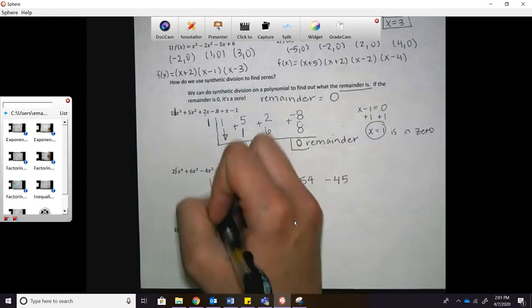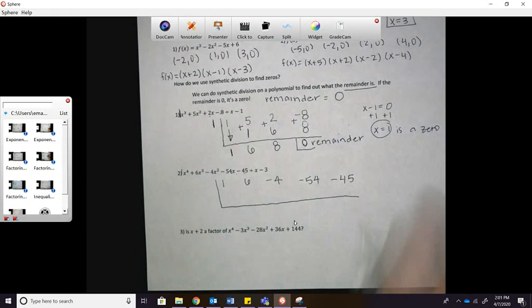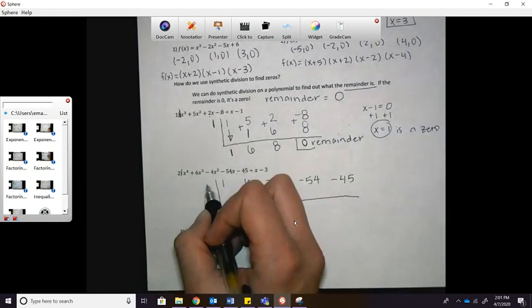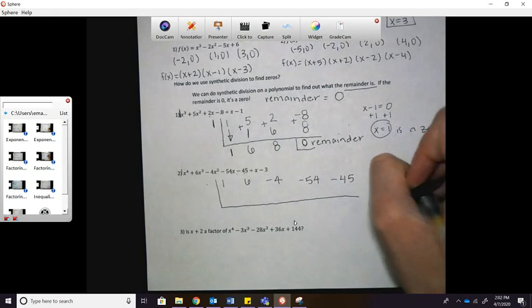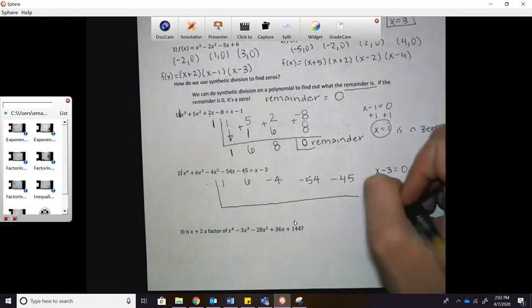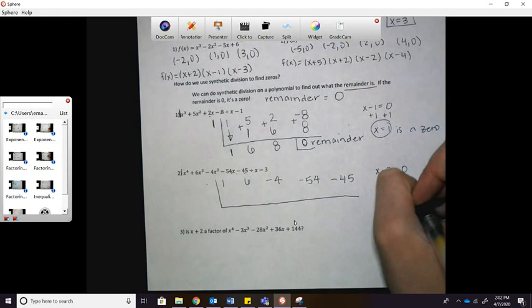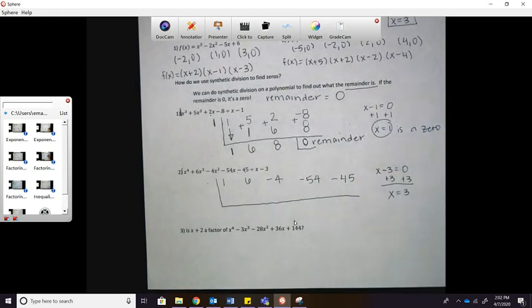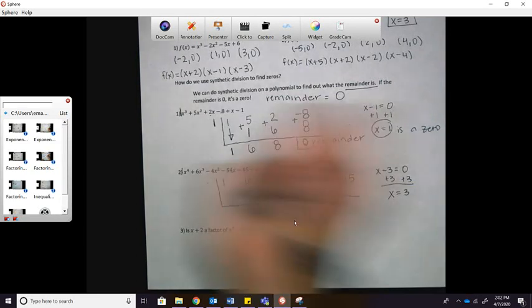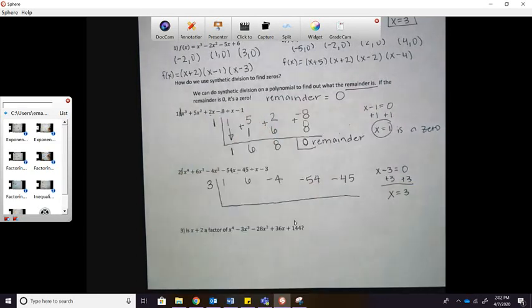Okay, and I'm going to make my little bracket here. On the outside, I'm trying to figure out if this is a 0, so I need to flip the sign to see if that's true or not. So we want to see at 3, is the graph going to equal 0, or is it going to equal something else? So I'm going to carry my 3, and here we go.